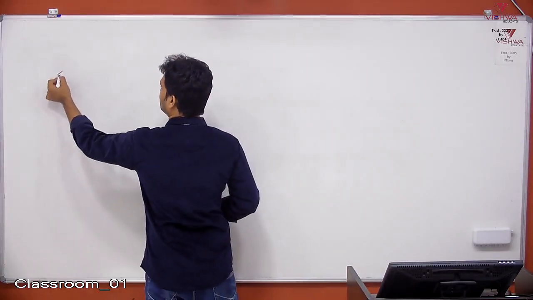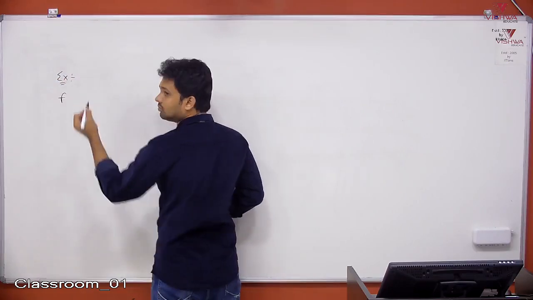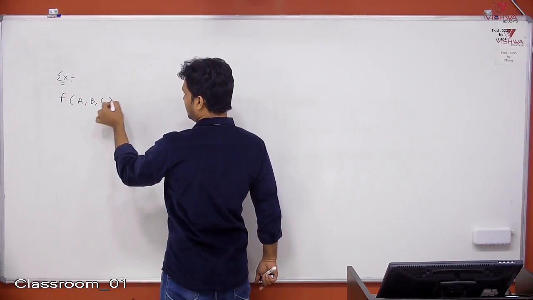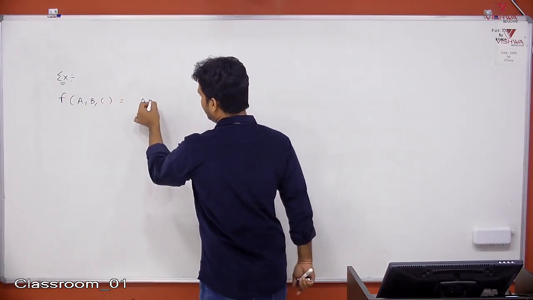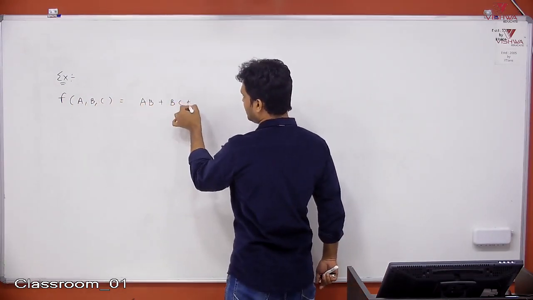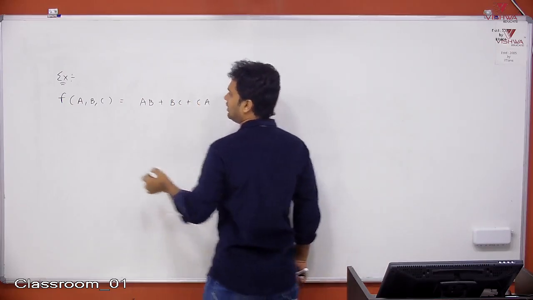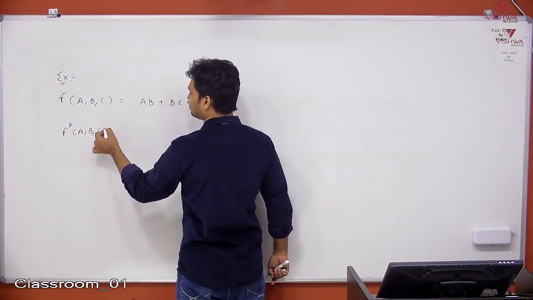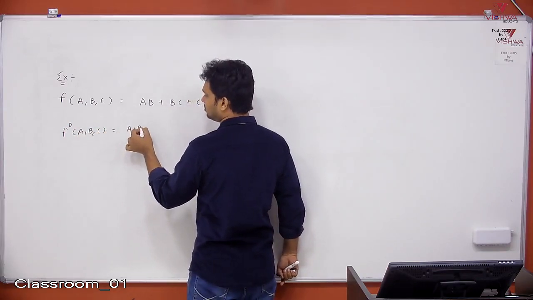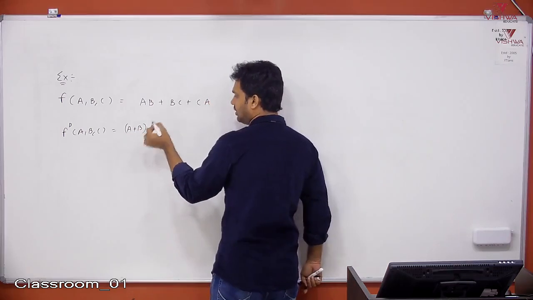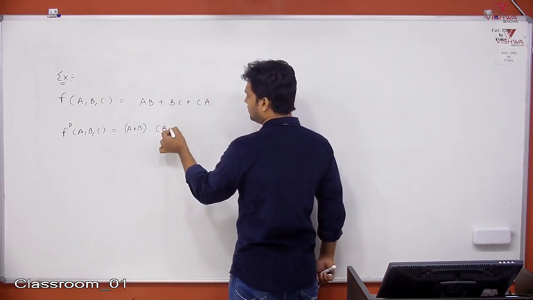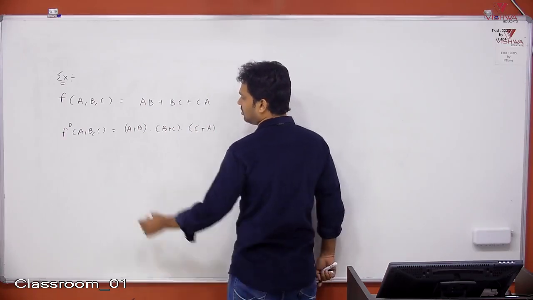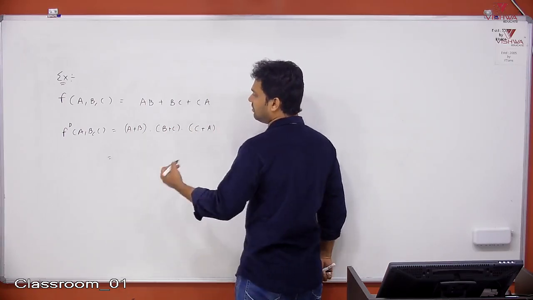I will give the example. Take an example. F of ABC equal to AB plus BC plus CA. Take dual. A plus B into B plus C into C plus A. Now simplify.